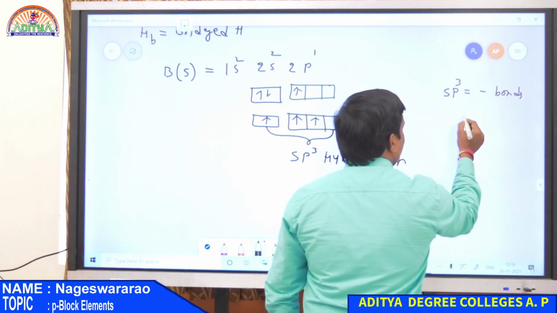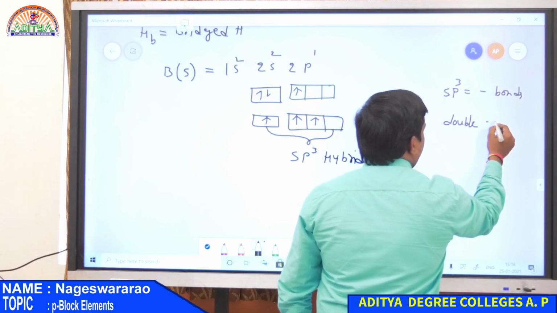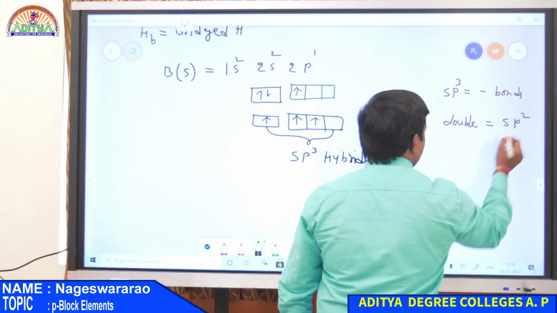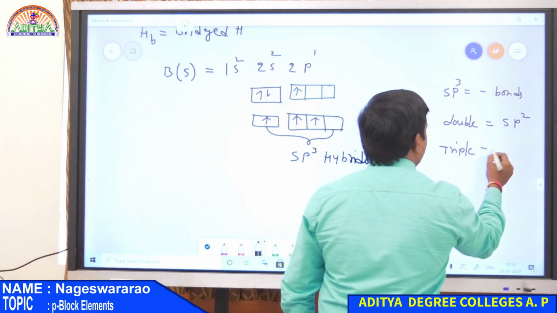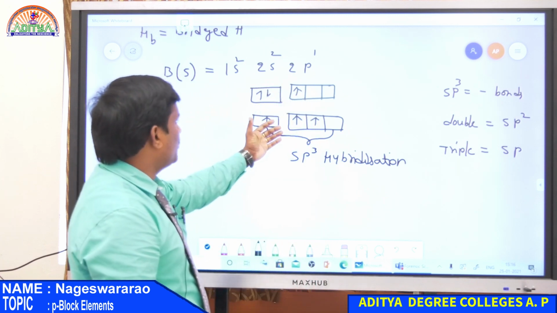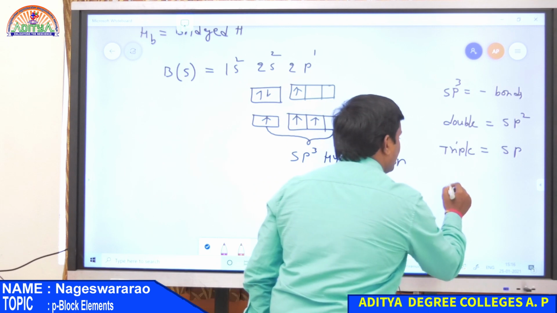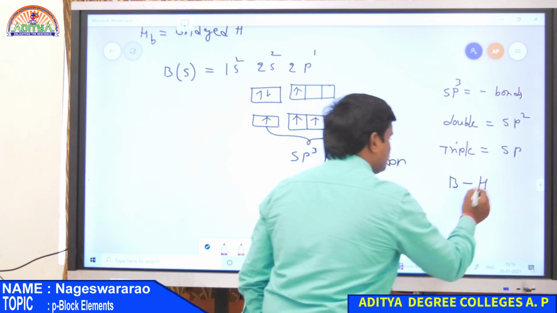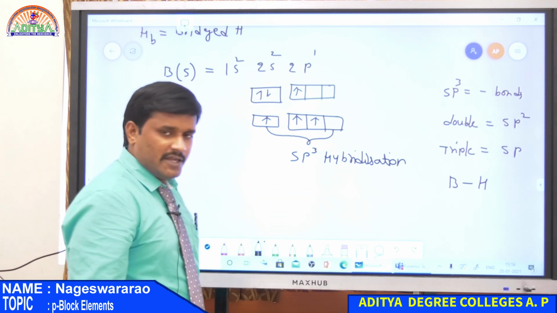If a compound has double bonds, then hybridization is sp2. If it has a triple bond, then it is sp. So in the case of diborane, there are only hydrogens and boron atoms, all with BH single bonds. Therefore here boron undergoes sp3 hybridization.